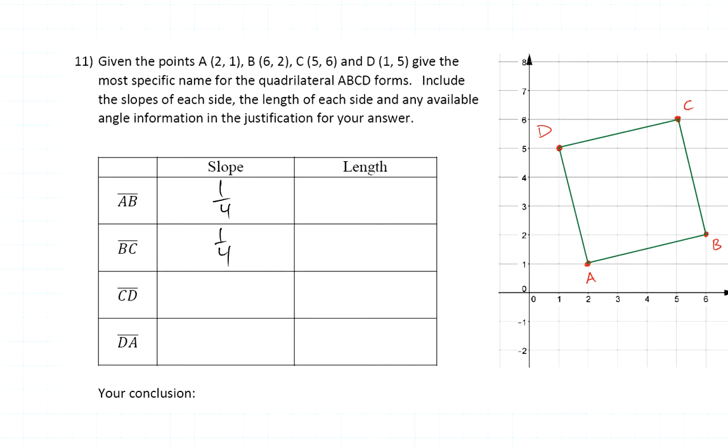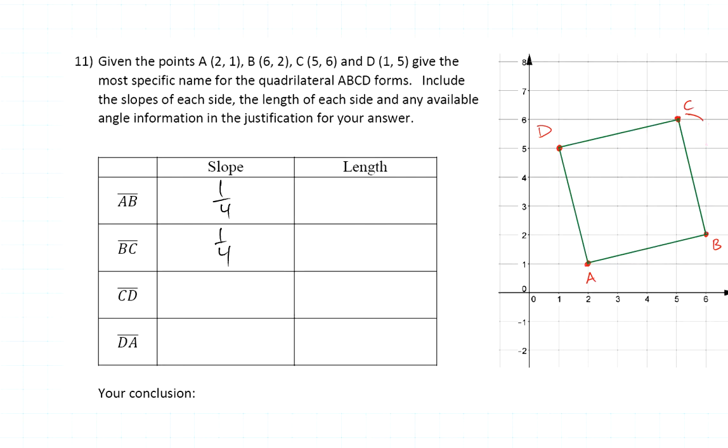When I look at A to D, that one I go up 1, 2, 3, 4, and then back 1. So that's up 4 divided by 1. So that's -4, right? So my rise is 4, and then I go back 1. 4 divided by -1 is -4.